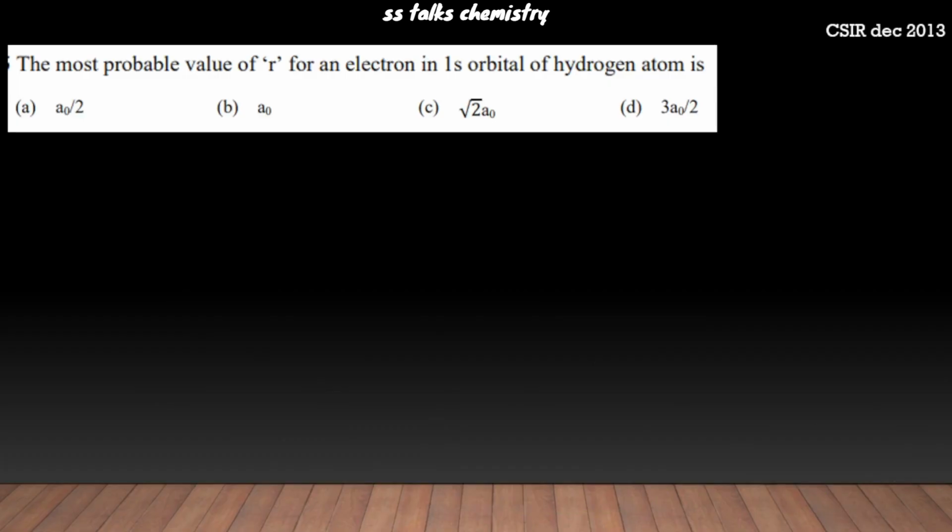Now next, CSIR exam of December 2013. The most probable radius for an electron in the 1s orbital of the hydrogen atom. For the 1s orbital, the radial part is 2 upon a naught raised to the power of 3 by 2, e raised to the power of minus r upon a naught.